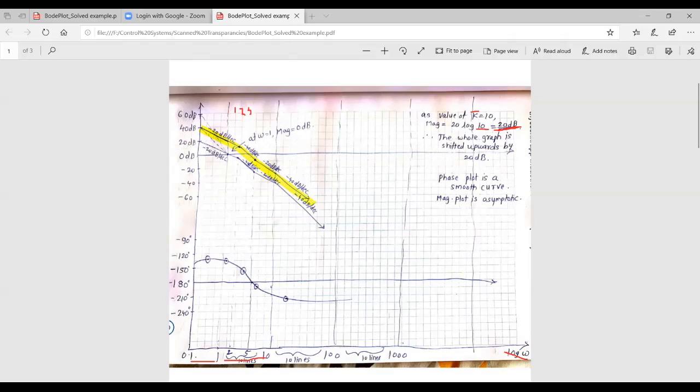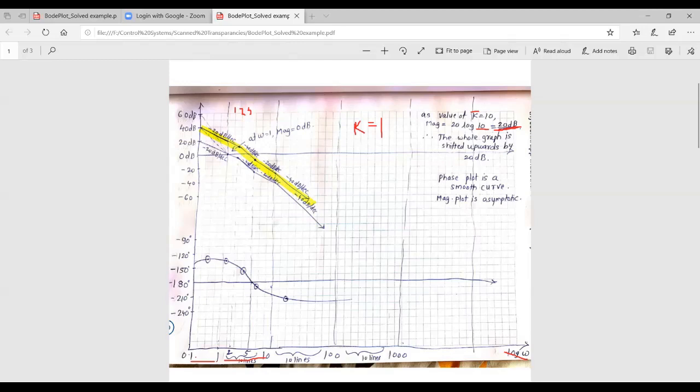But initially there are two ways to sketch it. From the beginning you consider this, or what I have done is I have sketched a reference plot, which is unmarked. This is considering K is equal to 1. So when K is equal to 1, its magnitude in dB is going to be 0. So 20 log of 1 is equal to 0 dB.